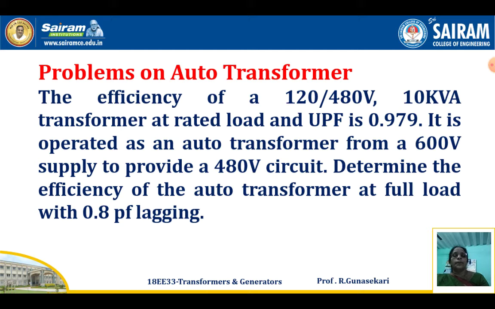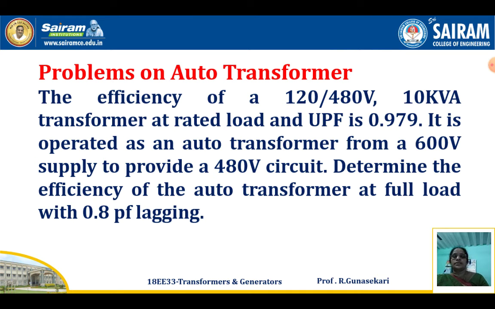Suppose it is operated as an auto transformer, which means the supply voltage is 600 volt and the output taken from the auto transformer is a 480 volt circuit. Finally, the required data is the efficiency of the auto transformer at full load at 0.8 power factor lagging.